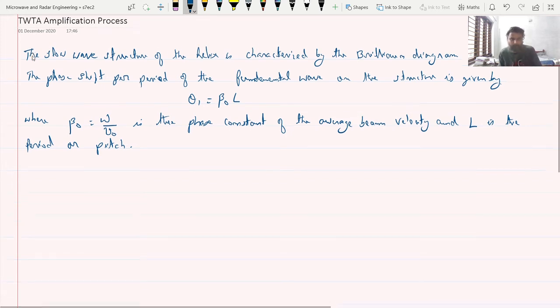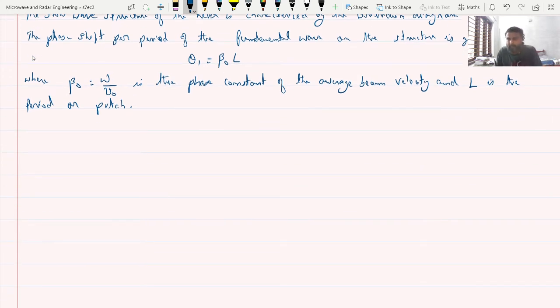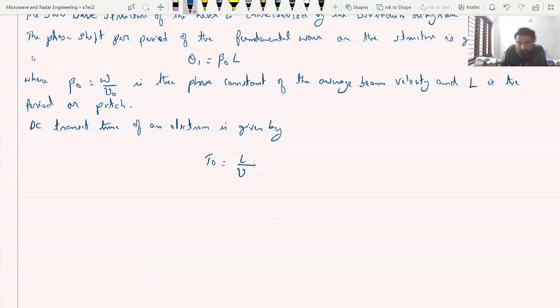Since the DC transit time of the electron, I will call it capital T suffix 0. The DC transit time of an electron is given by T naught, which is nothing but L by V naught.